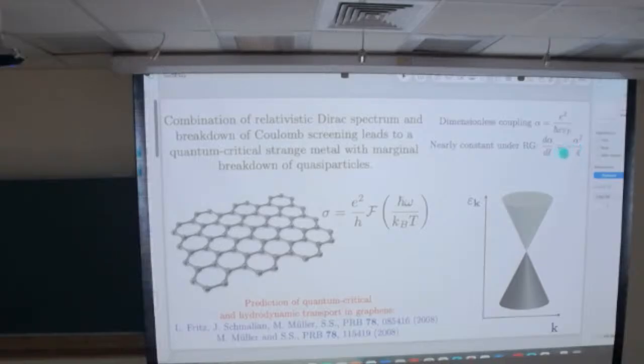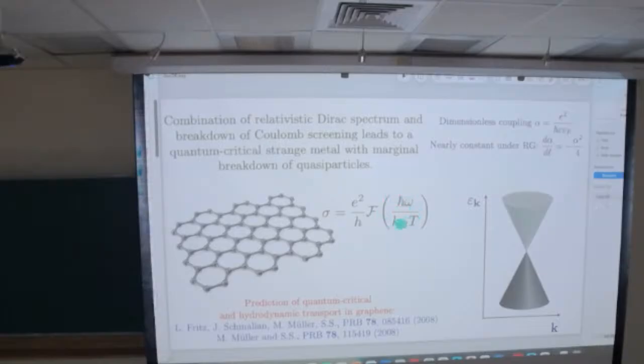If alpha is a constant, then this whole theory has a structure very similar to conformal field theory, a strongly interacting conformal field theory, and from that you can say a lot of things. For example, you can say that the conductivity is about e squared over h, some function of frequency over temperature.